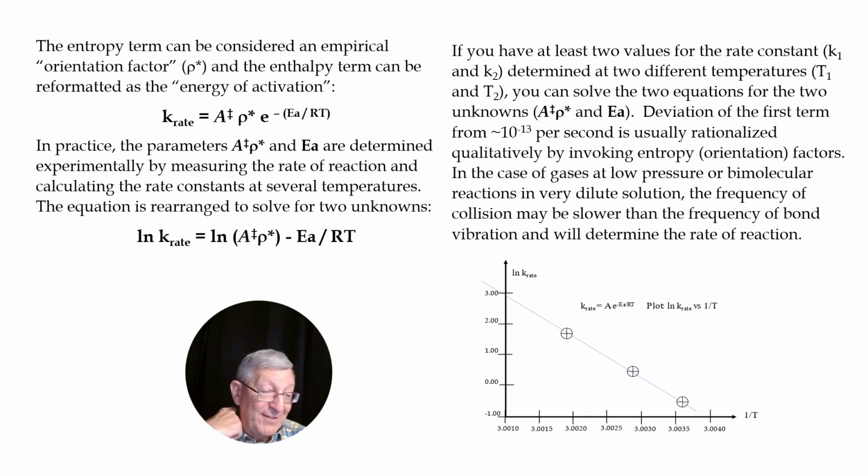So if I do that arithmetic, I've now got a linear equation I can plot. On the right hand side here, what I'm going to do is plot the natural log of the rate constant versus 1 over T, and this is a typical slope, 2 or 3 points in a straight line, and the slope is going to be minus E sub A over R. You'll notice a negative slope, minus E sub A over R, and that's the slope.